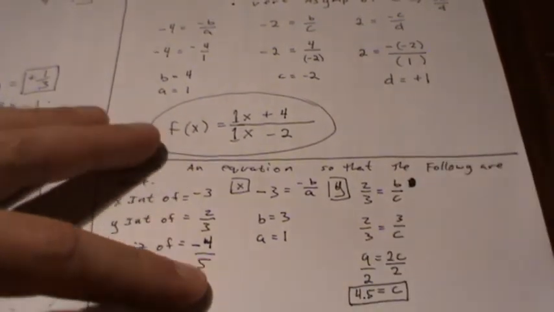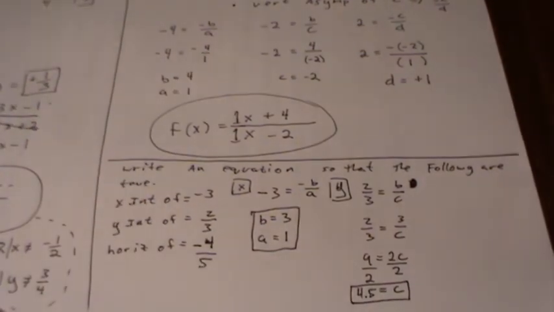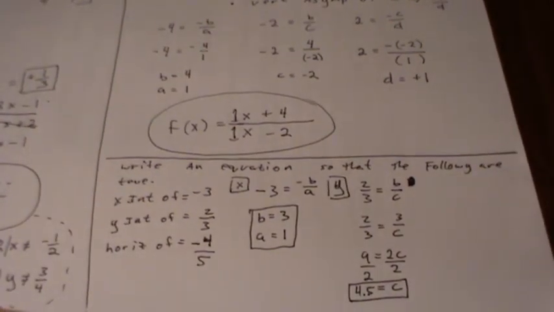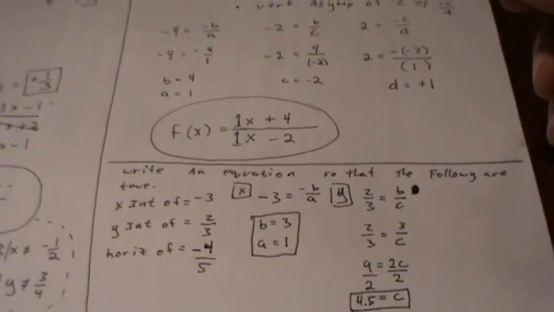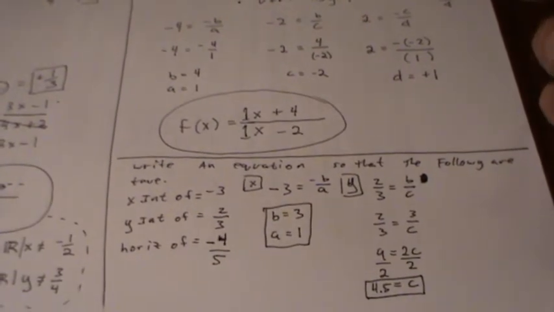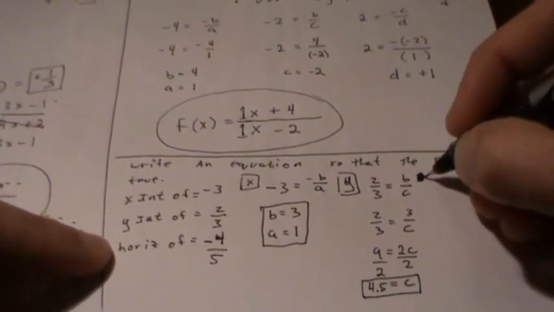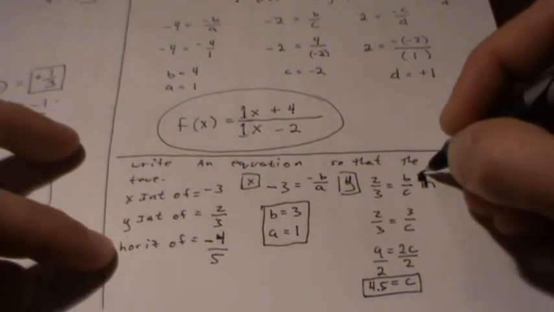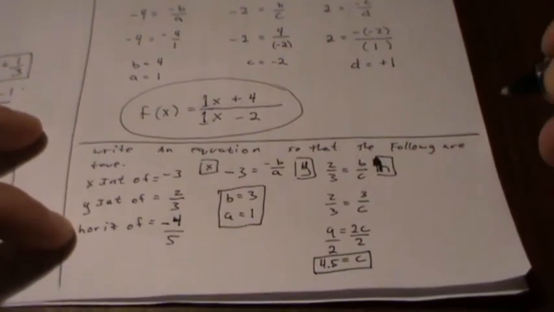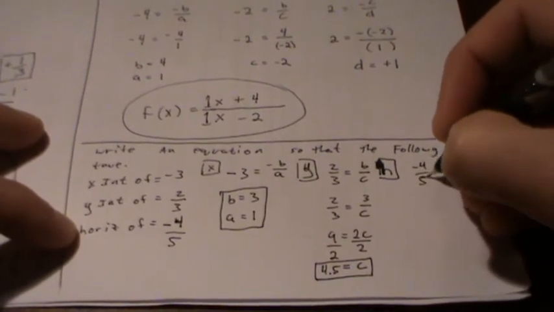Alright? So I've got a b value, an a value, and a c value right now. Now all I need is the d value, and we'll figure out the horizontal asymptote now. The horizontal asymptote must be -4/5.